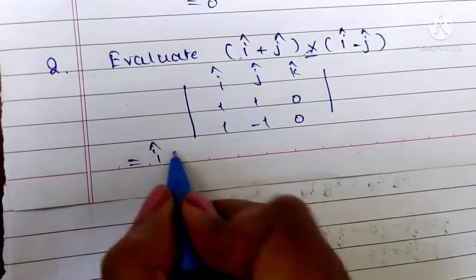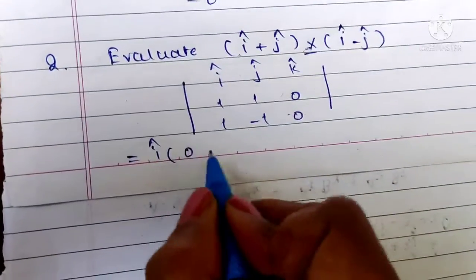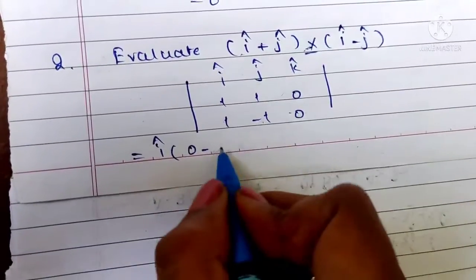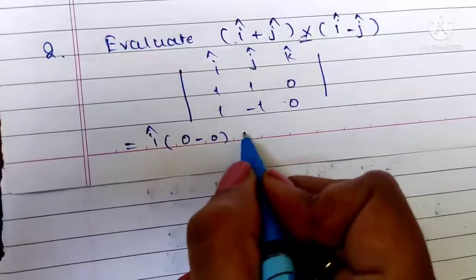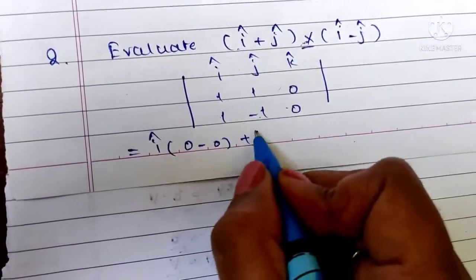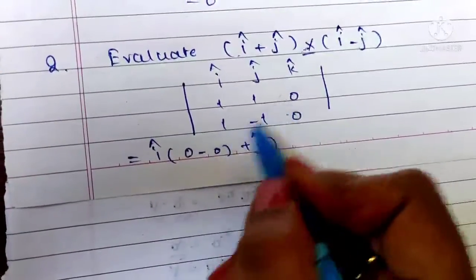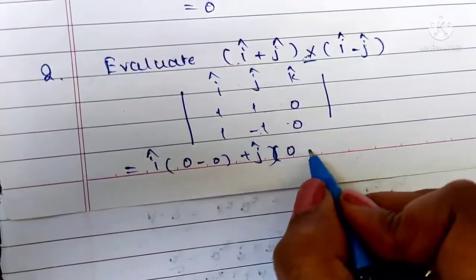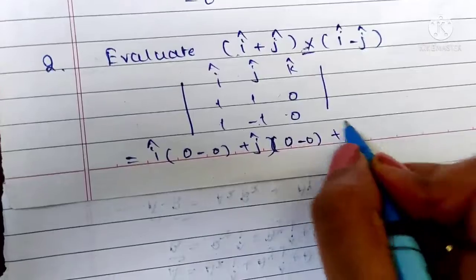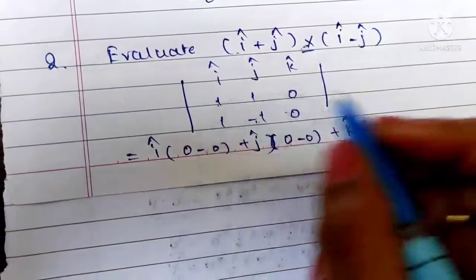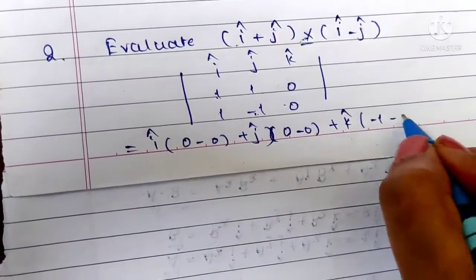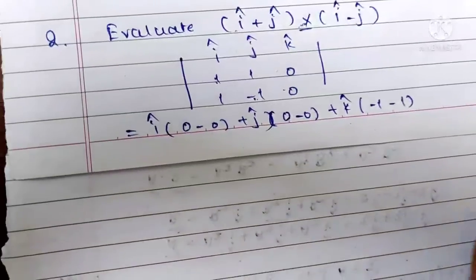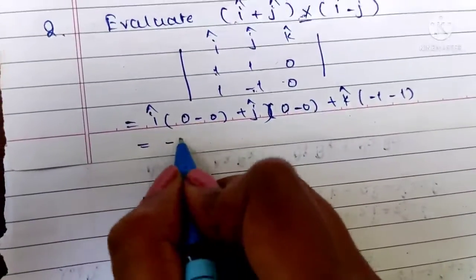We get i cap into bracket 1 into 0 minus 0 into minus 1, plus j cap into bracket 0 minus 0, plus k cap, here minus 1 minus of minus 1, that is minus 2. So the answer is minus 2 k cap.